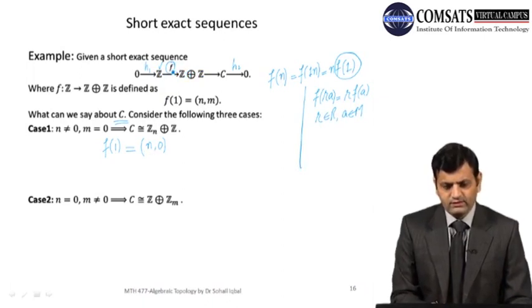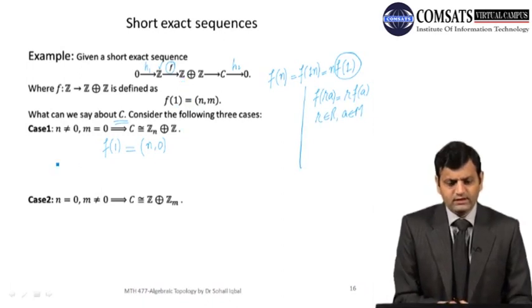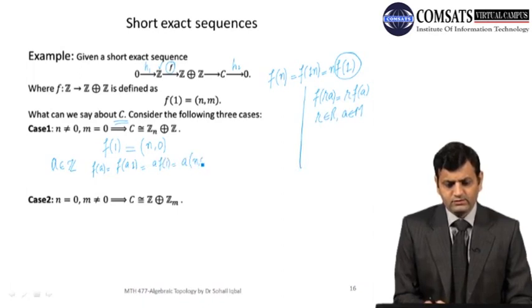So what about the image of f? The image of f is going to be n times the integers. For example, if I have an element a of Z, then what is the image of a? f of a is equal to f of a times 1, which is a times f of 1, which is a times (n, 0), which is (an, 0).